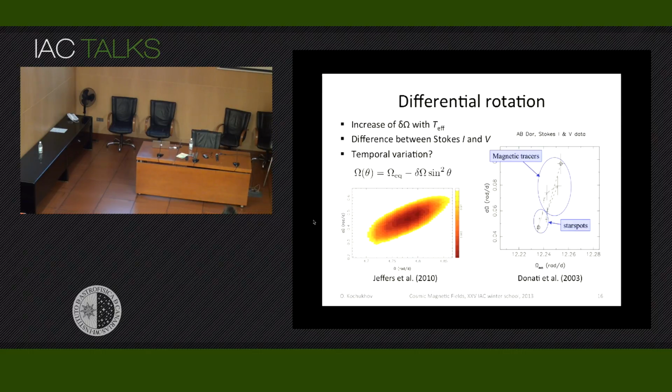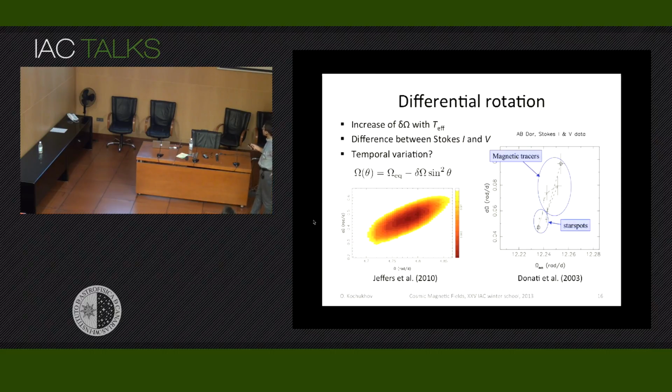But by tracing spots and including differential rotation in the inversion process as an additional parameter, we can figure out the surface differential rotation, how fast, for instance, the equator rotates relative to the pole.